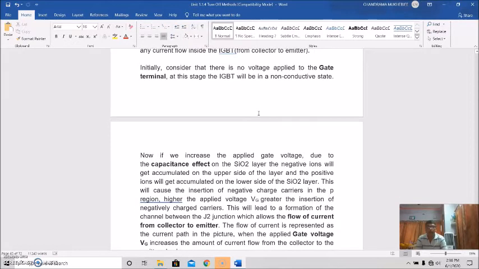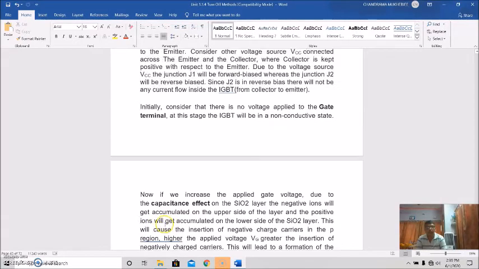This will cause the insertion of negative charge carriers in the P region. So the higher the applied voltage VG, the greater the insertion of these negatively charged carriers, and this will lead to the formation of a channel between junction 2, which allows flow of current from collector to emitter.